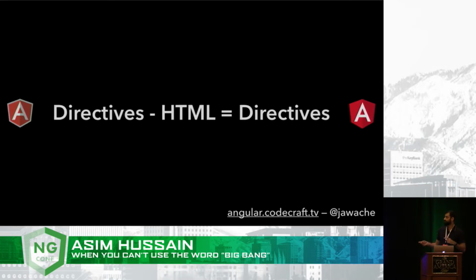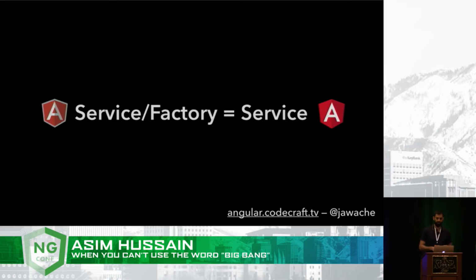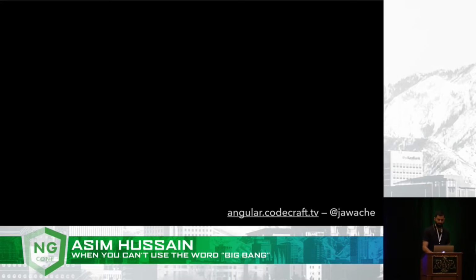The directives that don't have HTML, what I call the behavioral directives, are just directives in Angular 4. Services and factories in Angular 1 are just services in Angular 4. And I'm going to use the word entity a lot throughout this talk. When I say entity, I just mean one of those things, like a component, a service, one entity, one of those things.